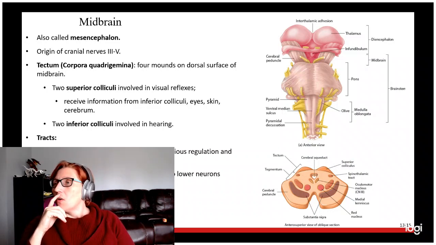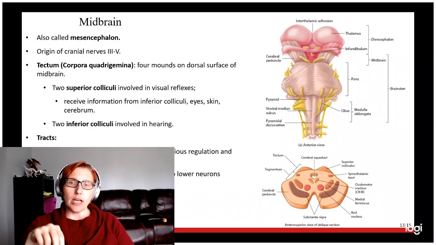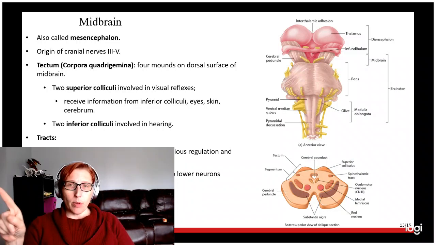You need to know that there are two superior colliculi and two inferior colliculi that correspond to visual reflexes and hearing. Am I going to give you a picture and ask you where they are?